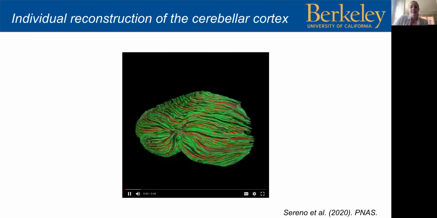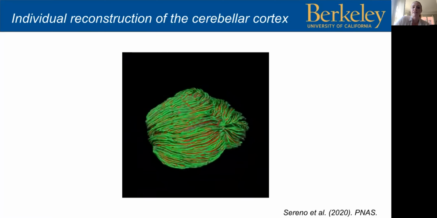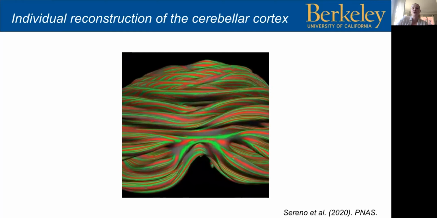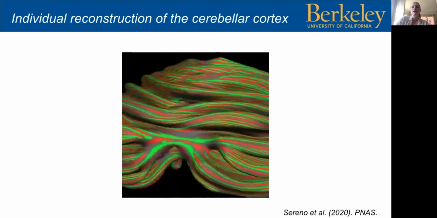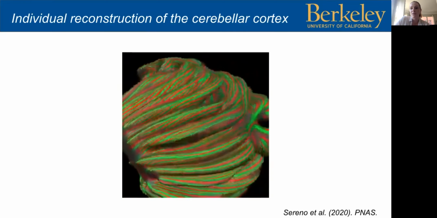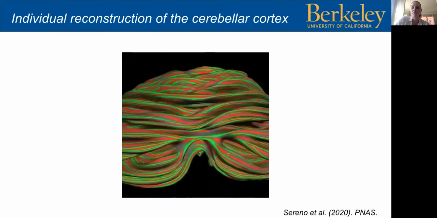So a third factor to consider is anatomical localization, which has long been a challenge for cerebellar researchers. Presented here in this video is a reconstruction of an individual human cerebellum resolved down to the level of individual folia. And this is the same post-mortem cerebellum that I showed you a few slides ago, scanned for many hours at 200 microns.